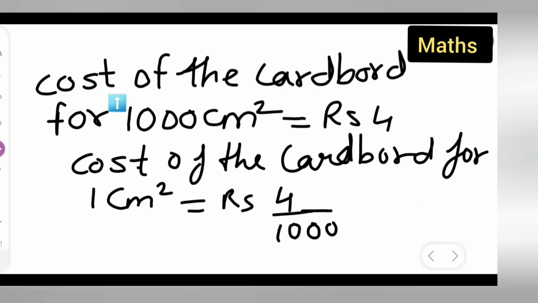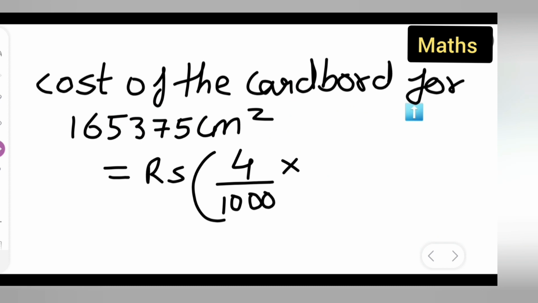Next, write down cost of the cardboard for 1000 centimeter square is equal to rupees 4, right? It is given in the question, this part. Now, cost of the cardboard for 1 centimeter square will be rupees 4 upon 1000. This 1000 will go down, okay? Now, write down cost of the cardboard for 165375 centimeter square. This we need to find out.